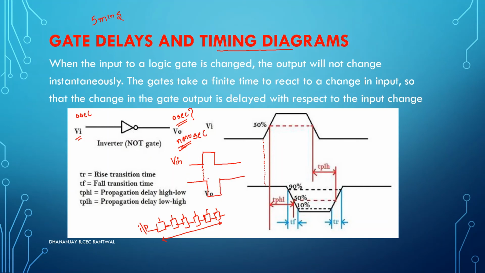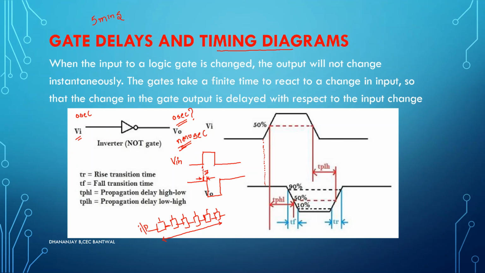It had to change here, but it will become 0 at this particular point as it is a NOT gate. So this particular time duration is called time delay. This is called gate time delay.